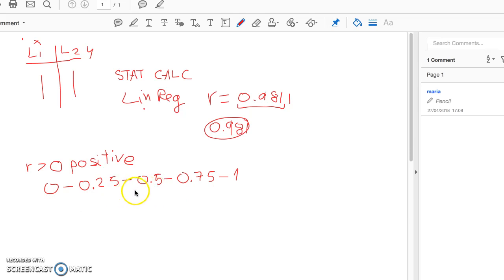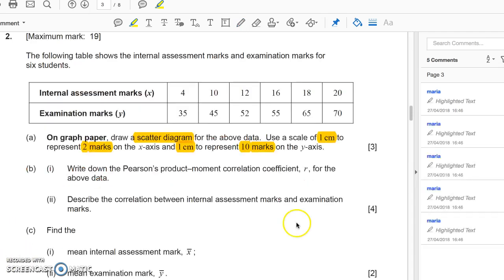Here is a weak correlation, here is a medium correlation, and here is a strong correlation. So in our case, I can say that it is a strong correlation, but don't forget to say it's a strong positive correlation. So that's the answer to the question, a strong positive correlation.